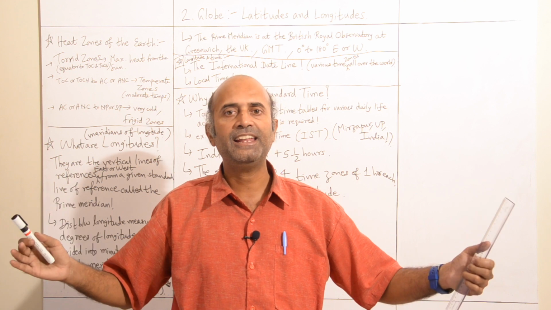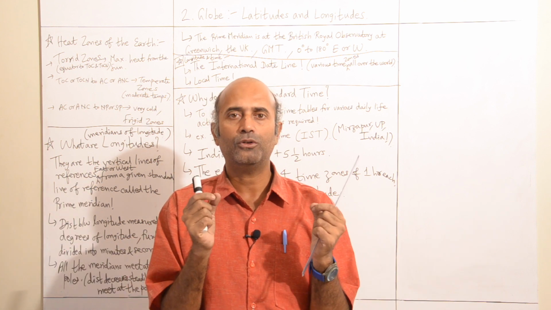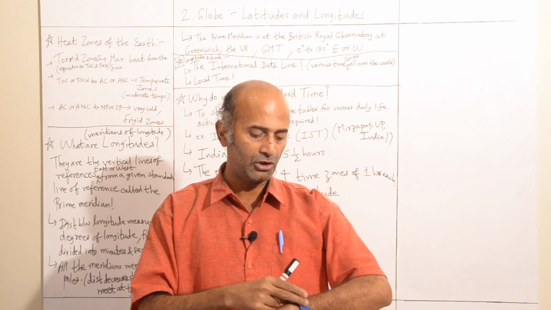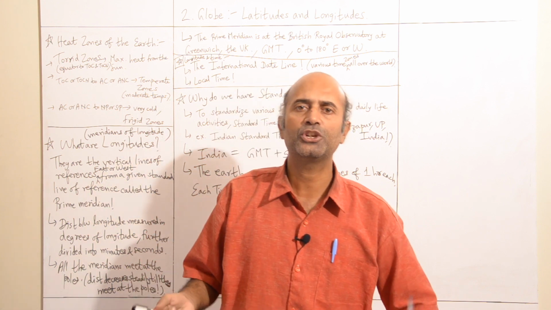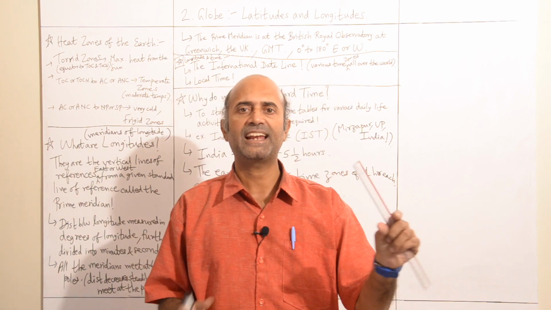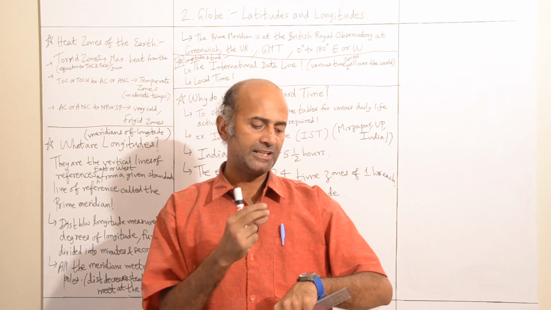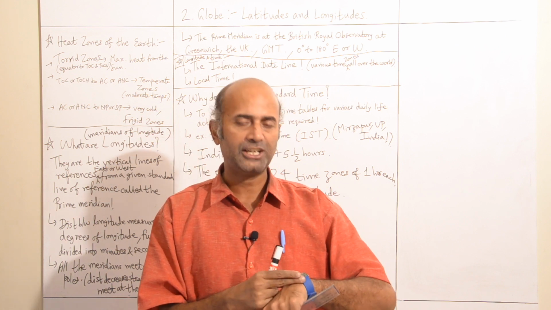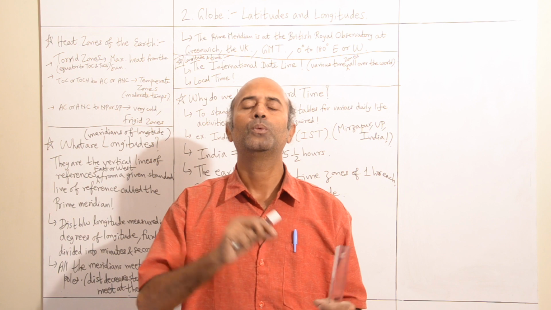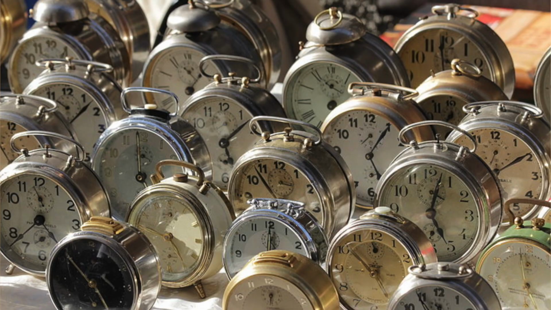So anywhere in India, all the clocks and watches will be set to this particular time. That's why when you check out the news channels, the Indian Standard Time is always mentioned at the corner. You can always calibrate your wristwatches with the Indian Standard Time, so that everybody is on the same time page.